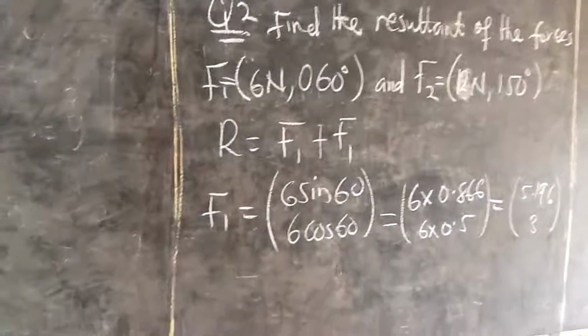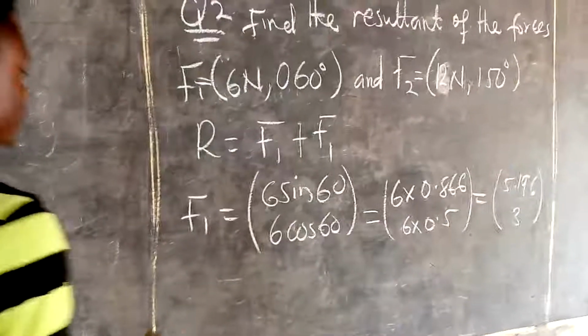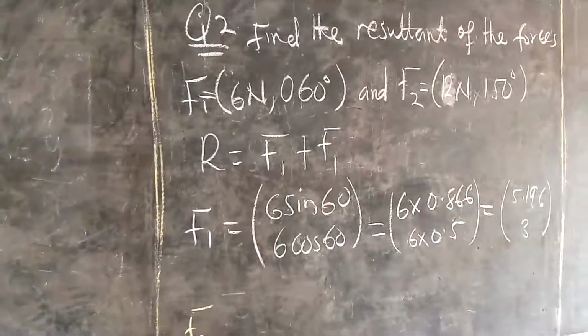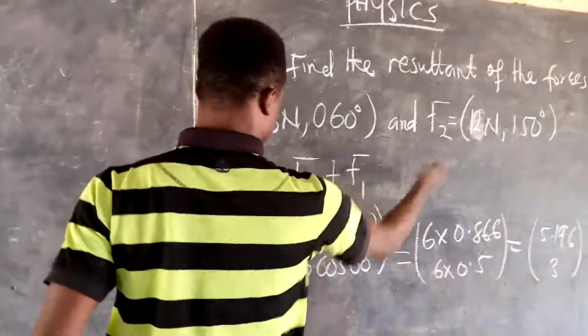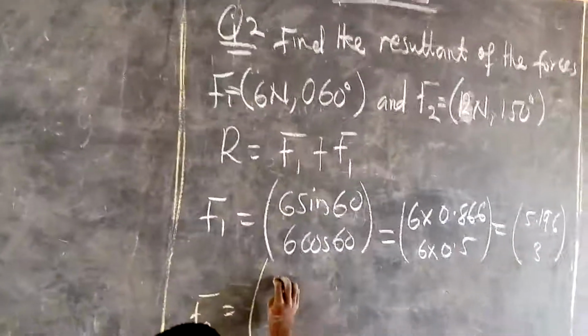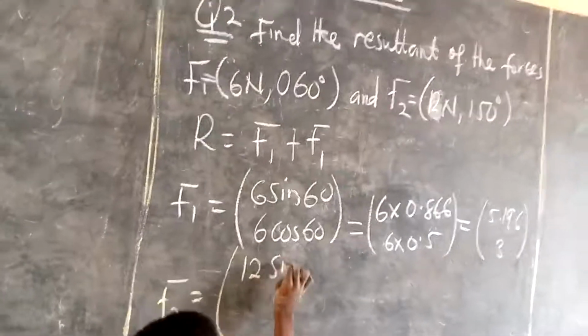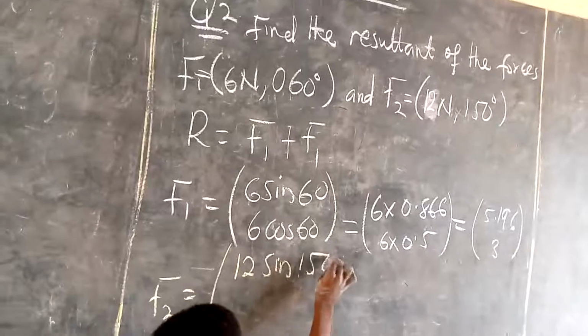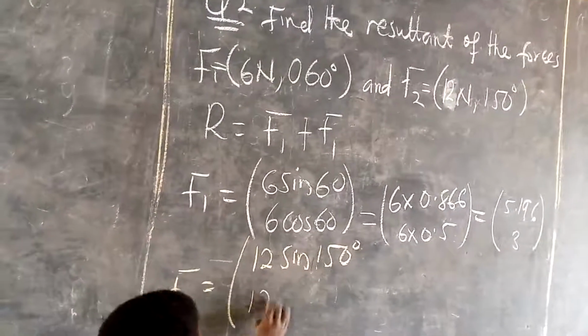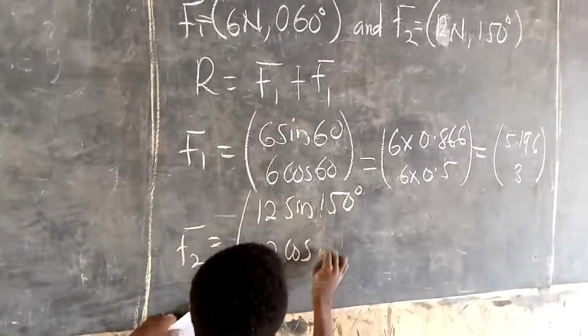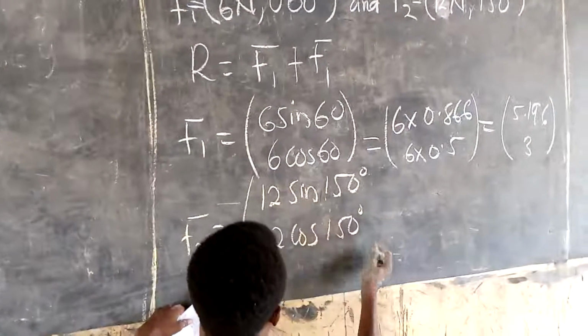We can also resolve our F2, that's force 2. We use the same principle: our x component is going to be 12 sine 150 degrees, and our y is going to be 12 cos 150 degrees.